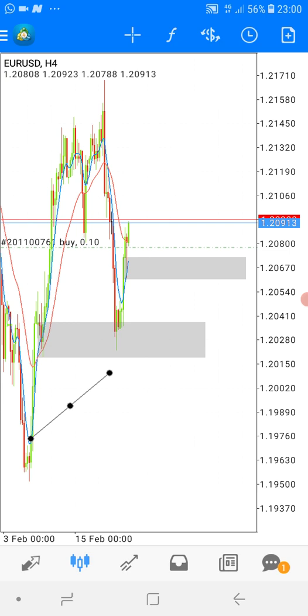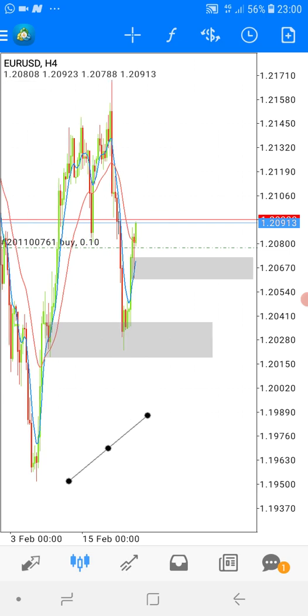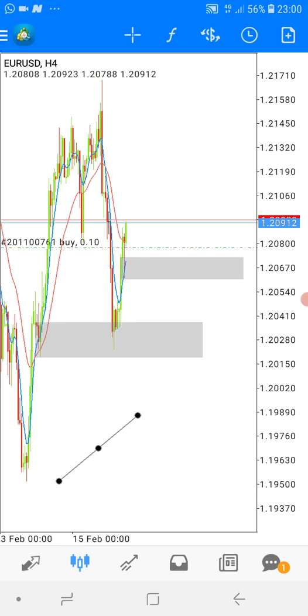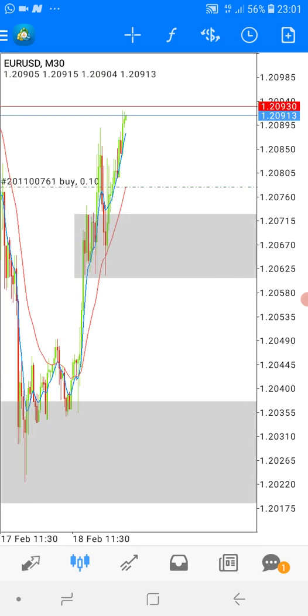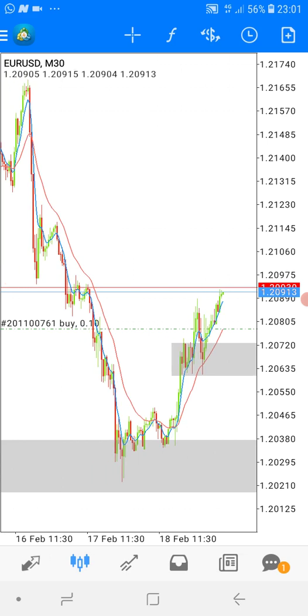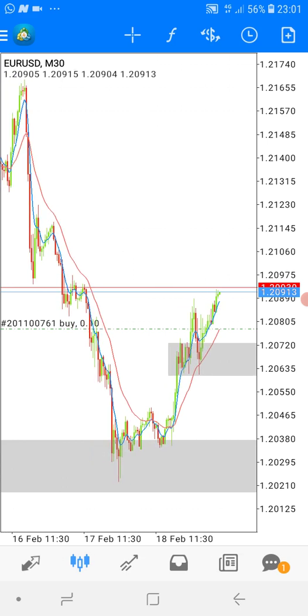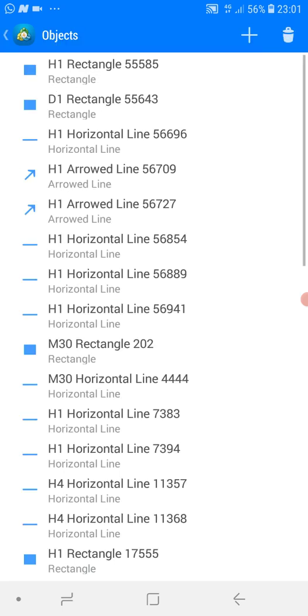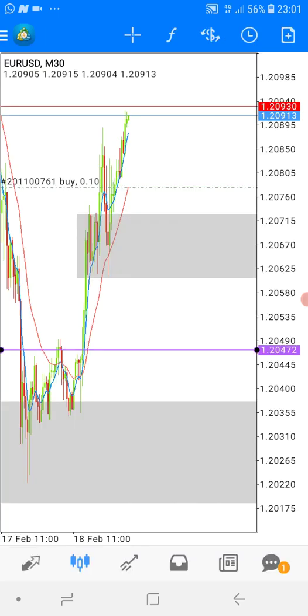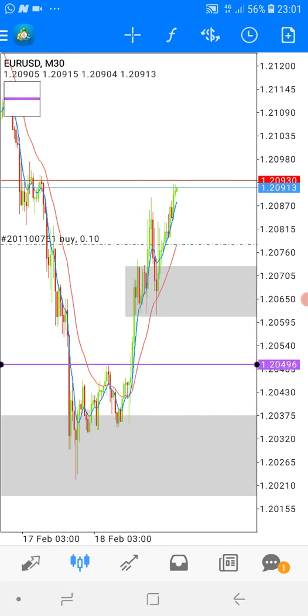So price got to a zone here, and when price got to the zone, I scrolled down to the 30-minute chart, and when I got to the 30-minute chart, I waited for price to break structure, and at this horizontal line is where price broke structure.